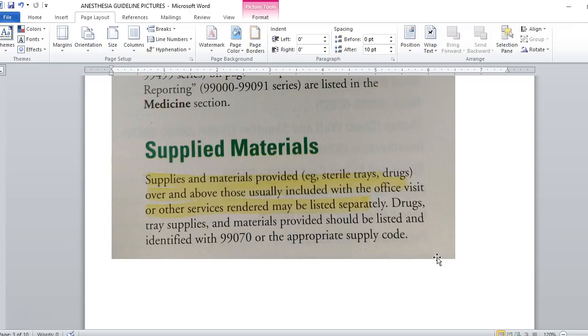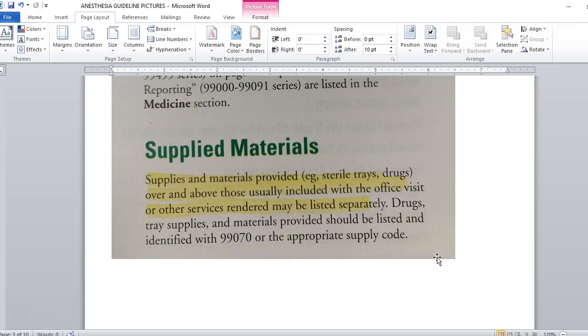Now again, supplies and materials, what are included? Supplies and materials like sterile trays and drugs over and above those usually included with an office visit or other services may be listed separately, okay? So again, over and above. So the bandaging that we're providing for that patient that we just took the wart off their hand, okay, that is included.